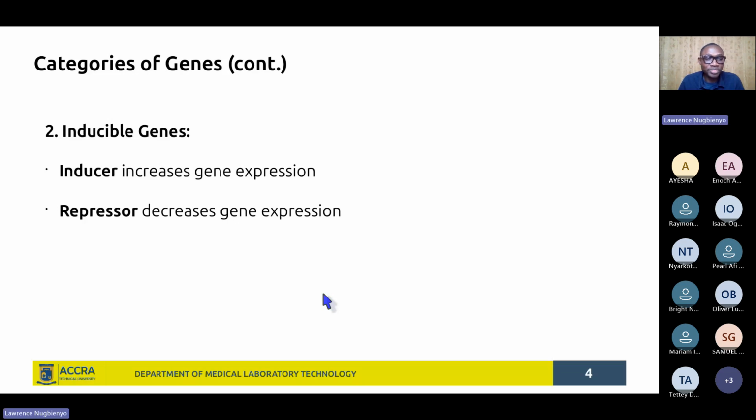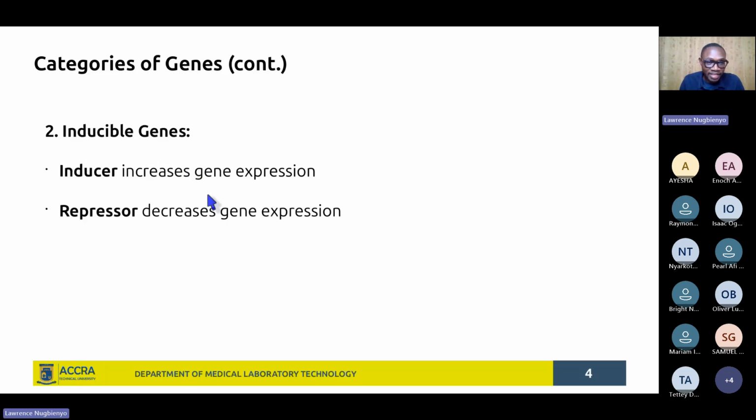And you have what we refer to as a repressor that can decrease the gene expression. So obviously, as we continue to talk about gene regulation, it means that the genes that we are going to talk about in terms of gene regulation are inducible genes. They are not constitutive genes, because we have just learned that the constitutive genes, also known as housekeeping genes, will constantly be expressed, and they are not under any regulation.